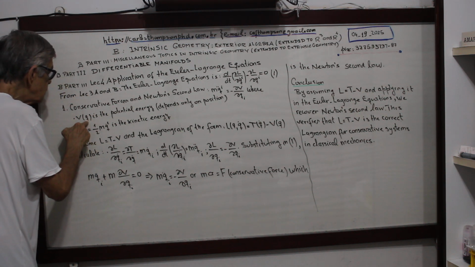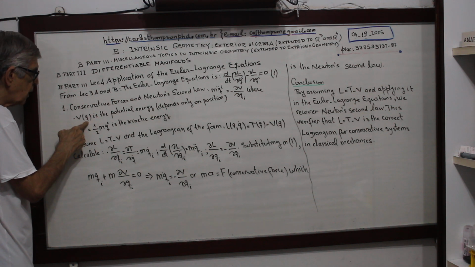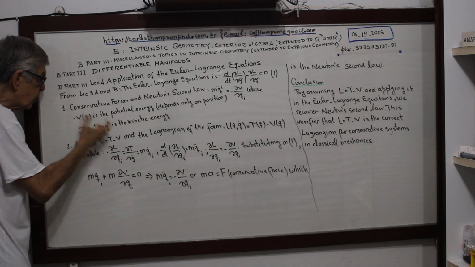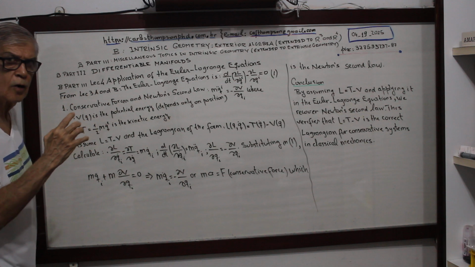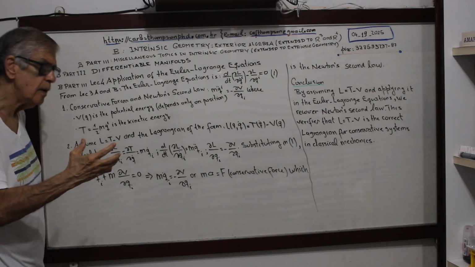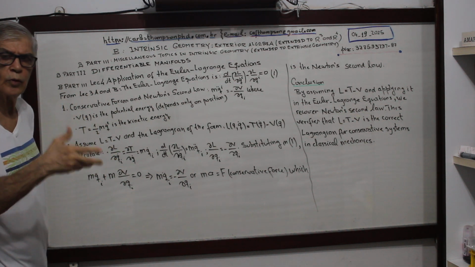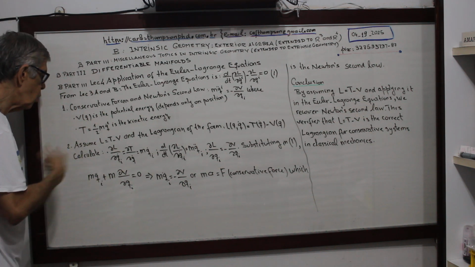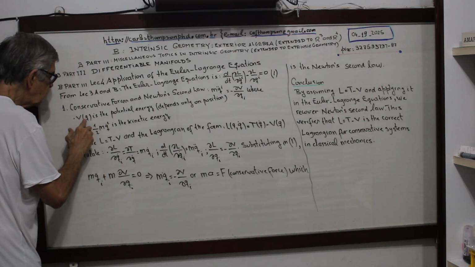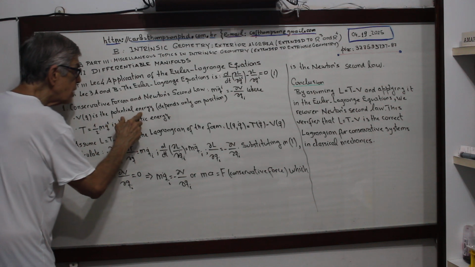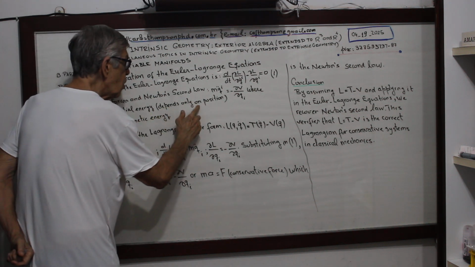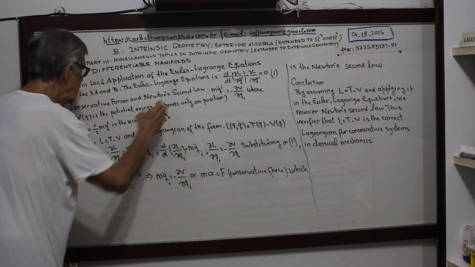Now, V is a function only of the coordinates. This is Q, okay? I abbreviate Q for Qi, with i equal 1, 2, 3 till n, the coordinates. So V of Q is the potential energy, which depends only on position. Why?